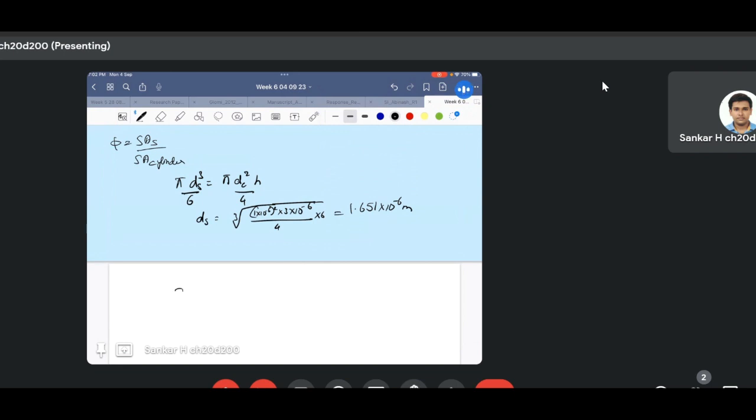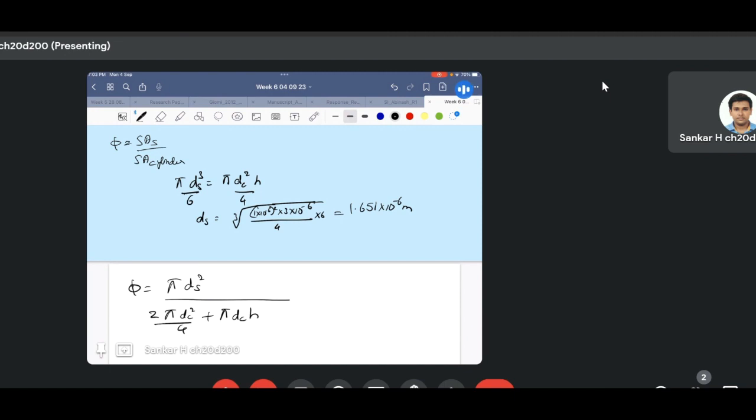Therefore, let's just directly calculate the sphericity, which is pi ds square divided by 2 pi dc square by 4 plus pi dc times h.